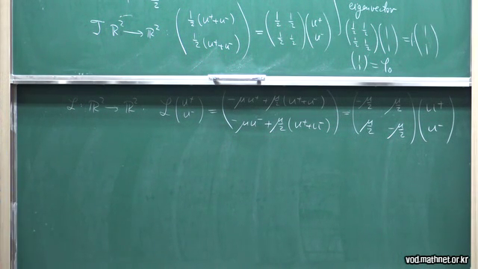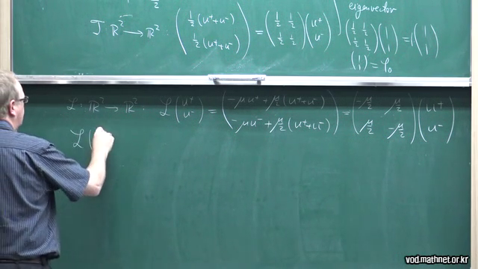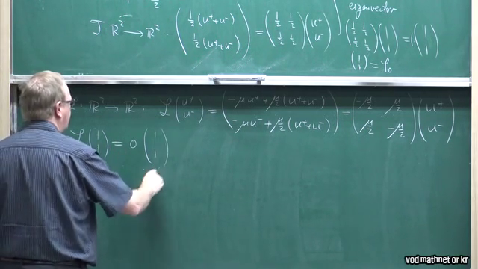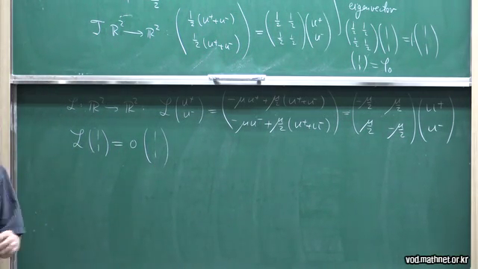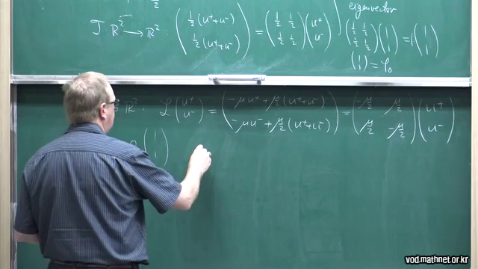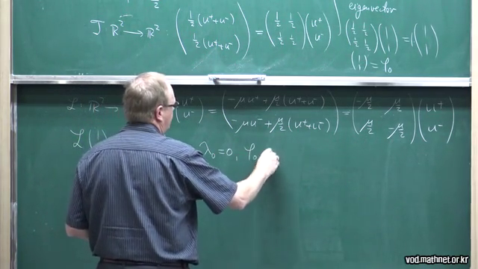And now if I take the eigenvector from before, this phi 0, which is (1, 1), and multiply with (1, 1), then I get 0. So L of (1, 1) is 0 times (1, 1). So this phi 0 is still an eigenvector, but now the eigenvalue has become 0. So lambda 0 is 0, phi 0 is (1, 1).